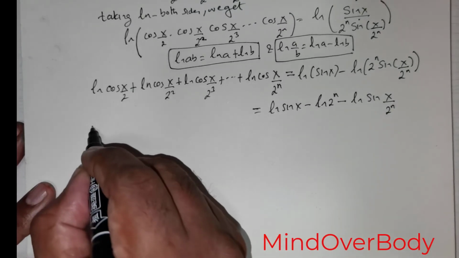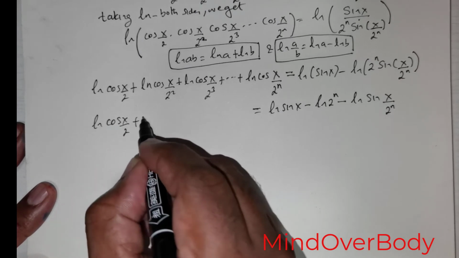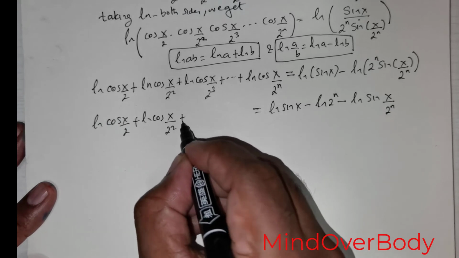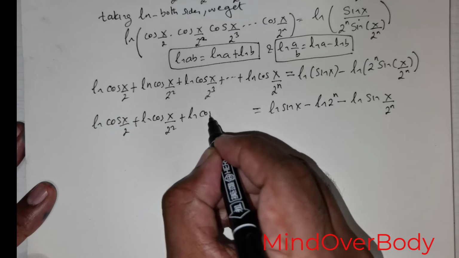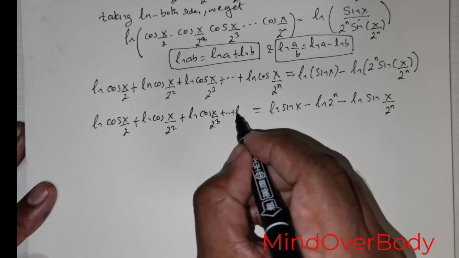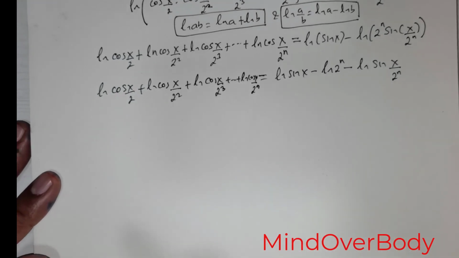Now on the left side, let me rewrite that. Ln cos(x/2) positive ln cos(x/2)^2 positive ln cos(x/2)^3 plus etc. plus ln cos(x/2)^n. This is what we've got.